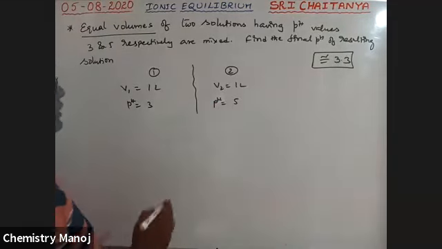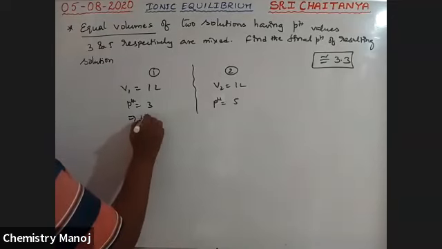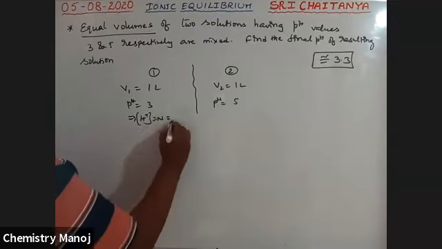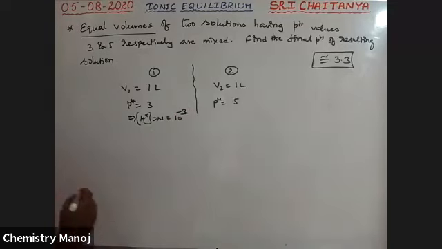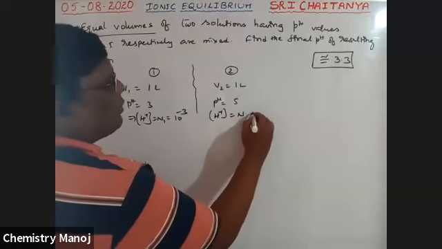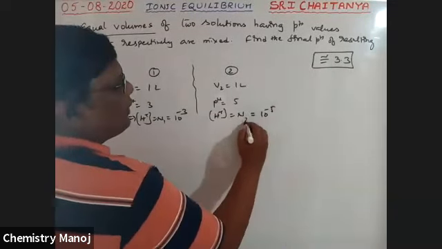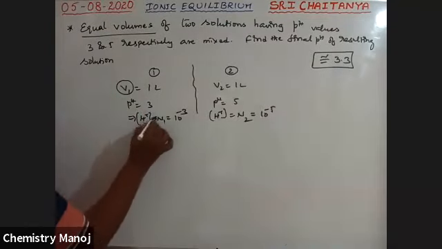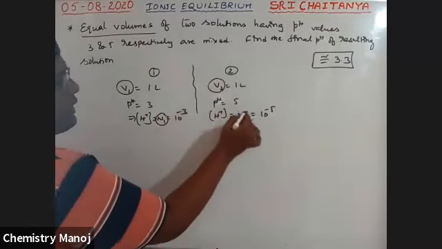Both are acidic solutions. That implies H plus concentration, which is the normality, is 10 power minus 3, that is N1. For the second, H plus concentration is 10 power minus 5, that is N2. This is V1, N1, and V2, N2.